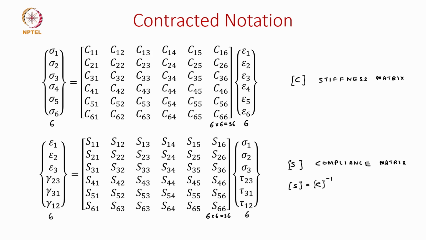Before we move forward, I know that there is a slight confusion. Compliance starts with C, but we are using S for the compliance matrix, and similarly stiffness starts with S, but we are using C. This is based on the notation people have already been using, so we will continue with it in this course as well, and it is a very commonly accepted notation in most of the literature.